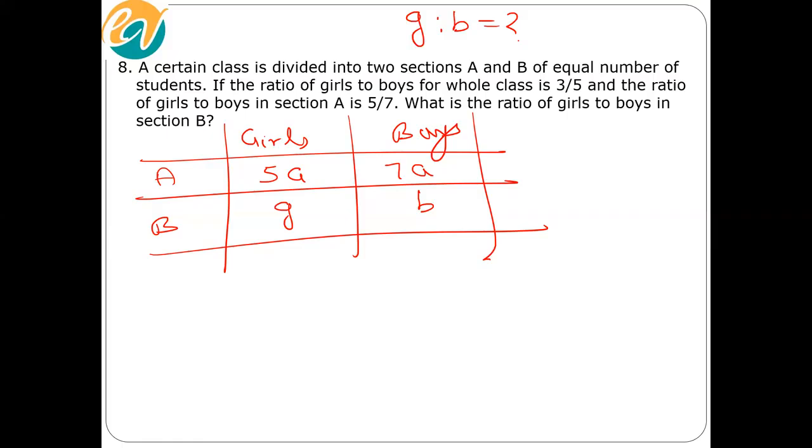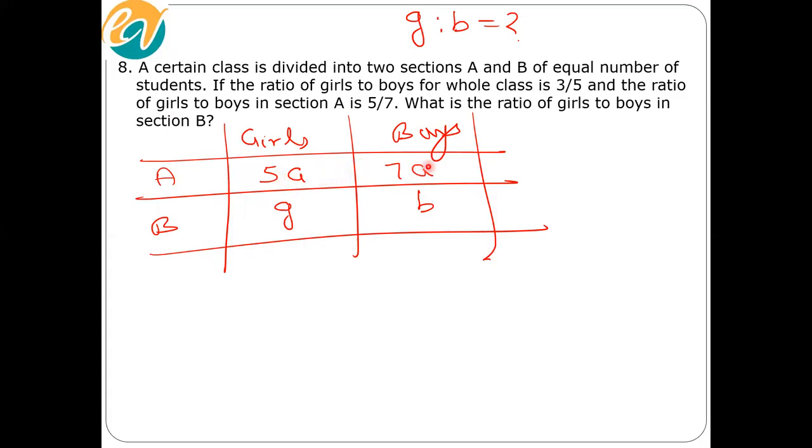Now notice, firstly, it is given that A and B have equal number of students, right? A and B have equal number of students. So from this, what equation can we construct? 5A plus 7A is equal to G plus B. Very nice.